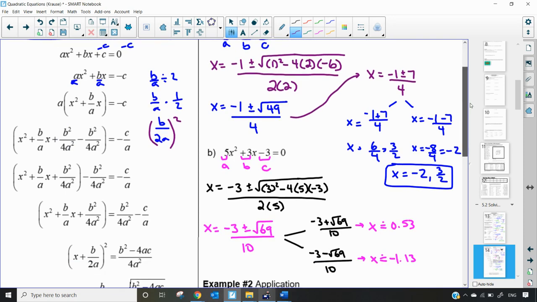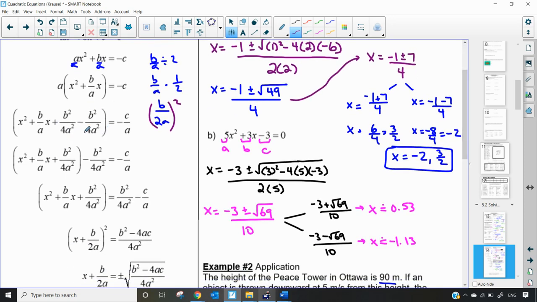Now, continuing on by completing the square, we're going to pull out that last term. And since there's no coefficient here to multiply by, we just pull that out. So we've got x squared plus b over a x plus b squared over 4a squared minus b squared over 4a squared. And again, the right-hand side of the equation hasn't changed.